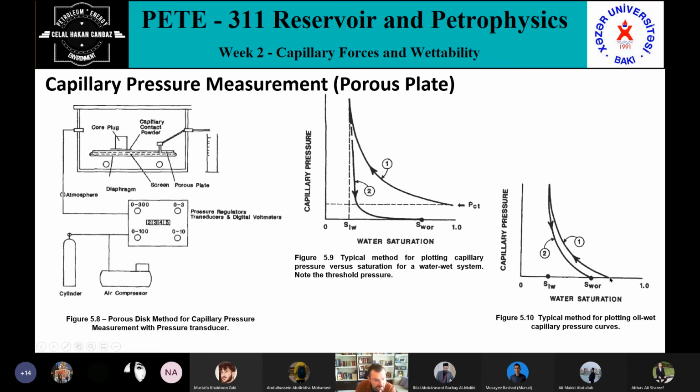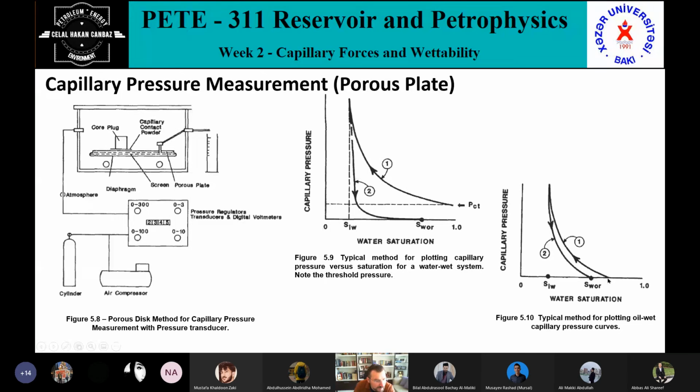Here it started from somewhere here, so there is oil, because it's an oil wet rock already. Oil wet rock means your rock likes oil. Your rock doesn't like water, so you cannot saturate 100% with water. Because of that, the starting point here is less than 1,0.